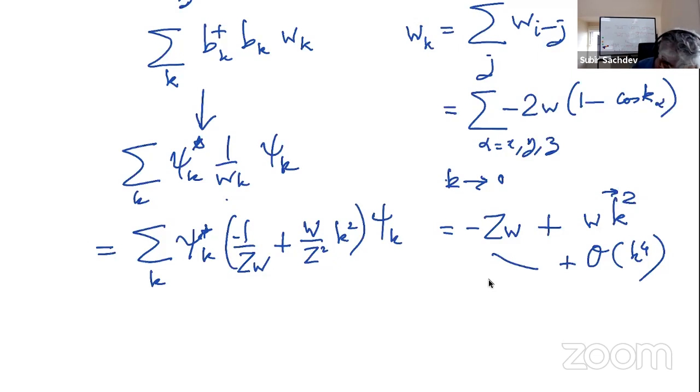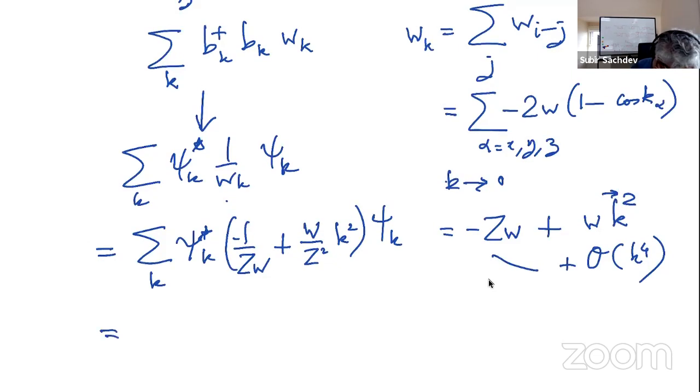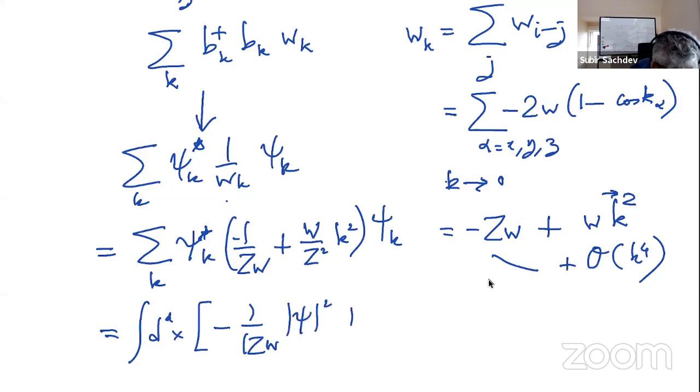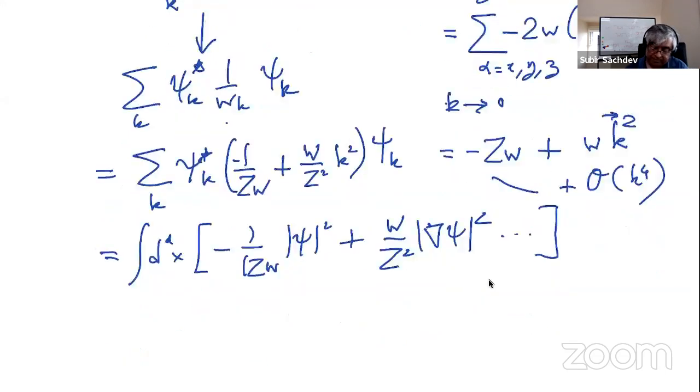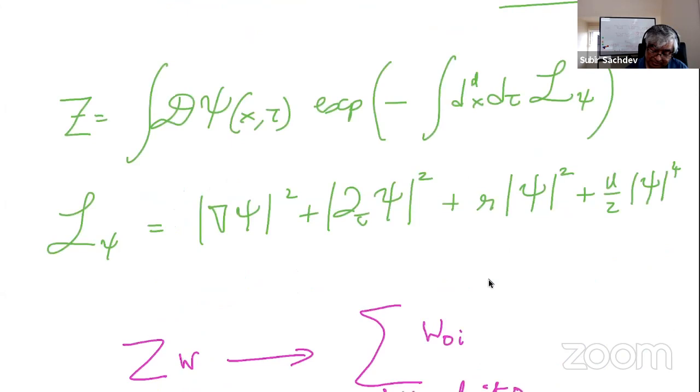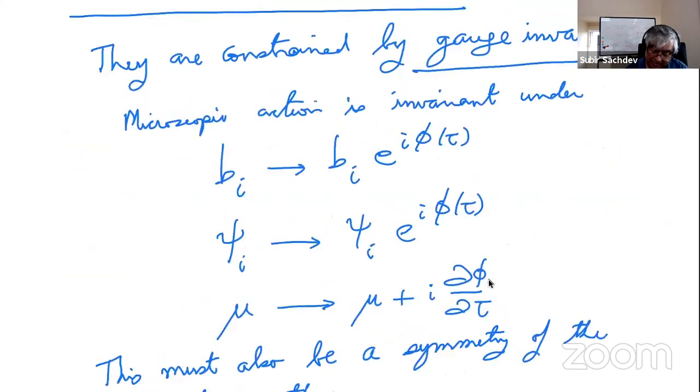Now you undo the Fourier transform. And so this is the same as the integral d^d x of minus 1 over zW psi squared plus some coefficient I probably didn't get right, W over z squared, grad psi squared. So those two terms give me this action here.